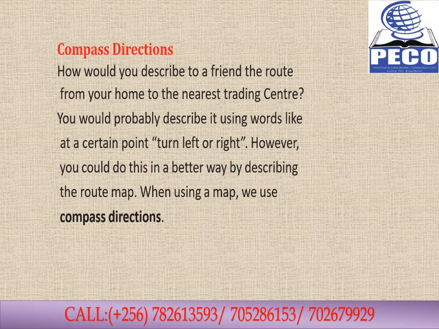So in map reading, or when we are using map extracts, we can locate places and features not by using the words turn left, turn right, but by using the compass direction. In the first procedure, we said we can locate using grid references, points, numbers. Here we are using the compass direction.